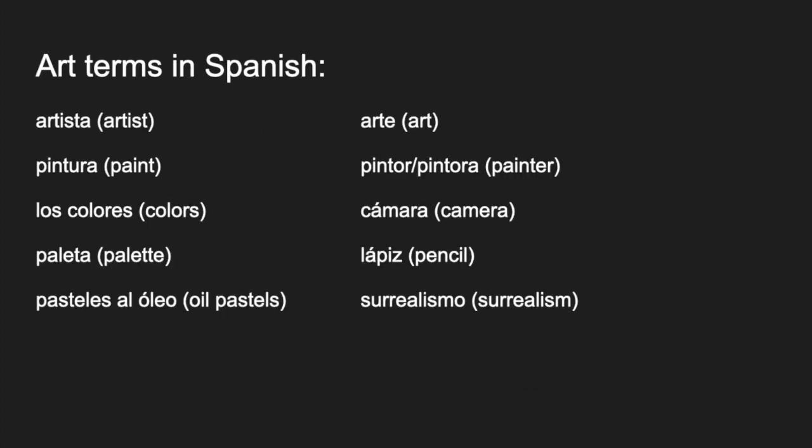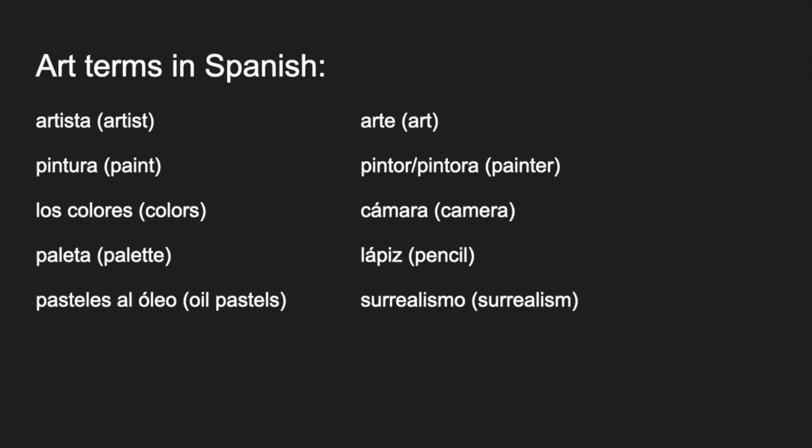Here are some art terms in Spanish that I would like for you to know. All of the artists that we have looked at are Spanish artists. Artista is artist. Pintura is paint. Los colores is colors. Paleta is palette. Pasteles al óleo is oil pastels.